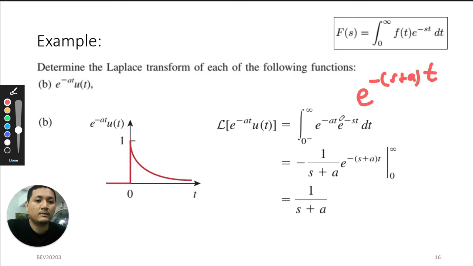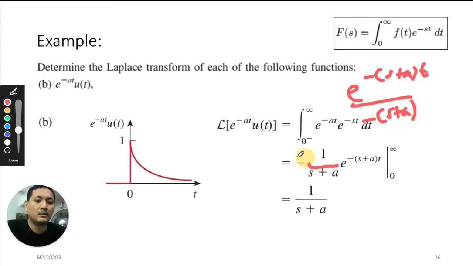Let's factorize to get exponential of negative (s plus a)t.